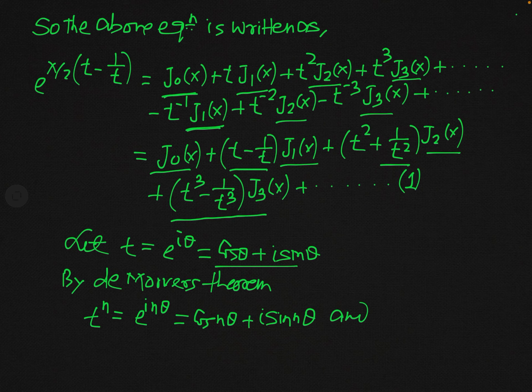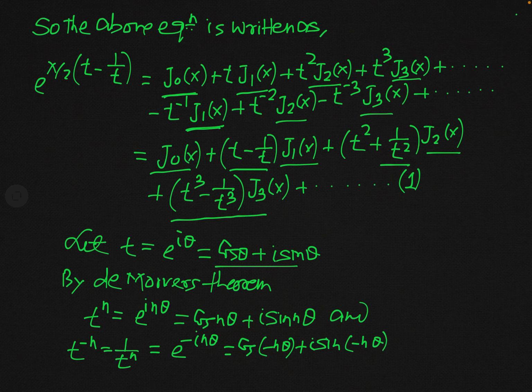And in a similar manner, you can write t raised to the power minus n, or you can say 1 over t raised to the power n, will be equal to e raised to the power minus i n theta, and this will be cos minus n theta plus i sin minus n theta.